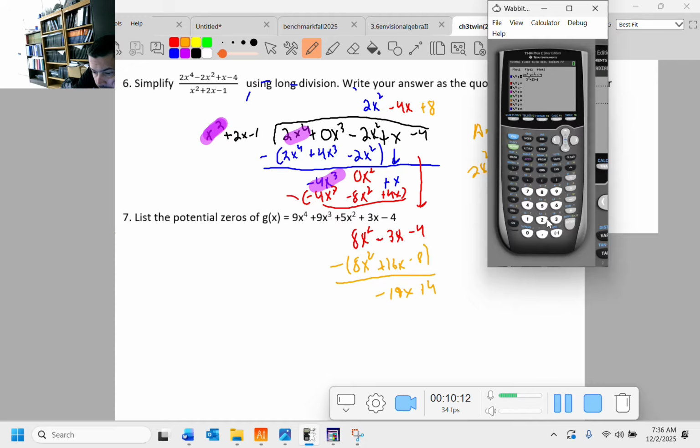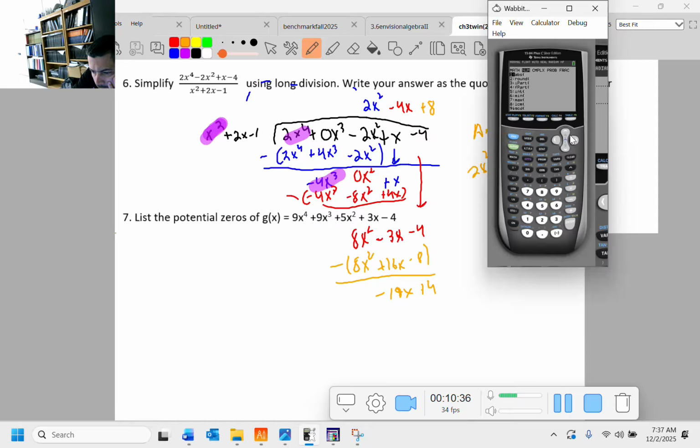What did I come up with? I came up with 2x to the second minus 4x plus 8 and then I had a remainder, so plus, gotta use parentheses here. Or I guess I could do math num n over d.